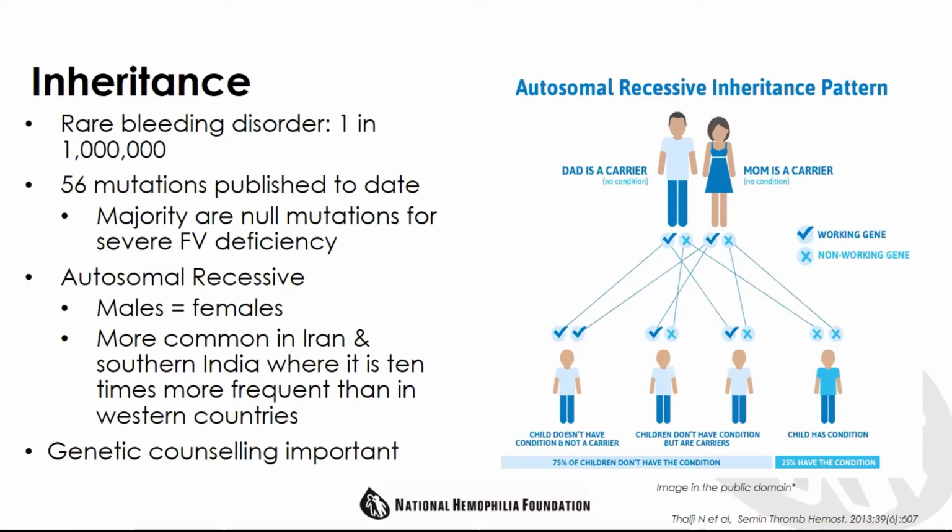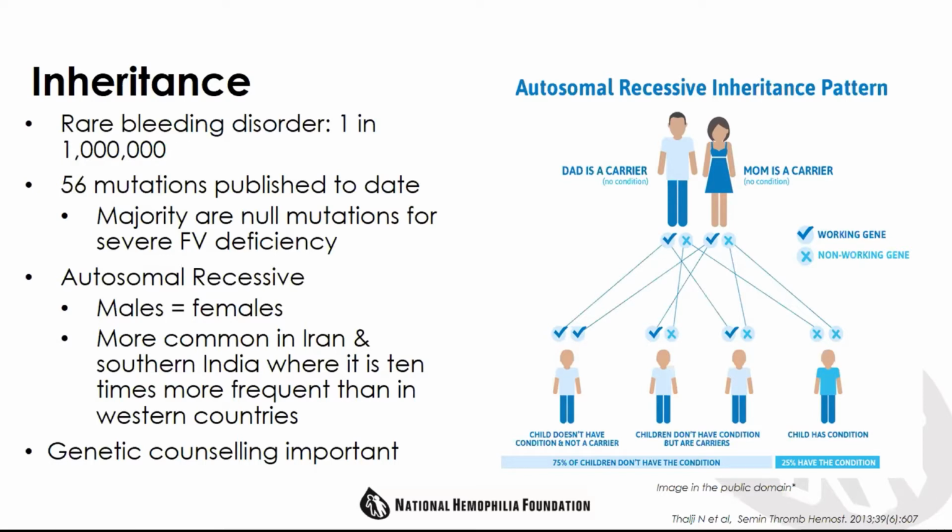In such conditions, parents usually are not affected with the bleeding symptoms, but are just carriers. And in each pregnancy, there is a 25% chance that the child will not have the disease and will not be a carrier. There will be a 50% chance that the child could be a carrier and a 25% chance that the child could have the disease.